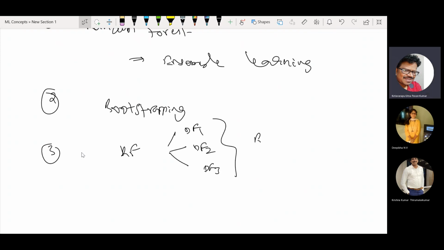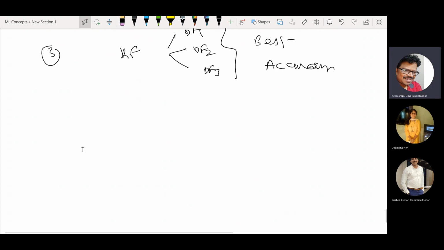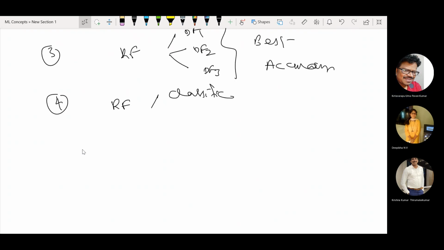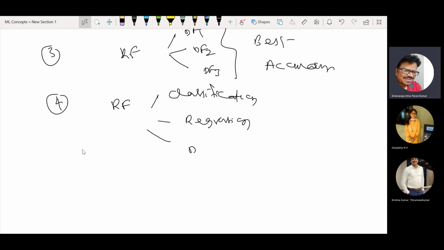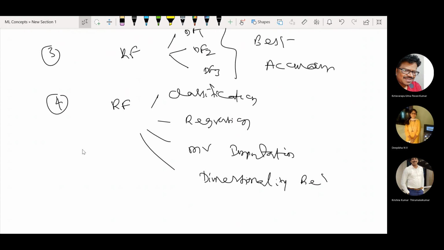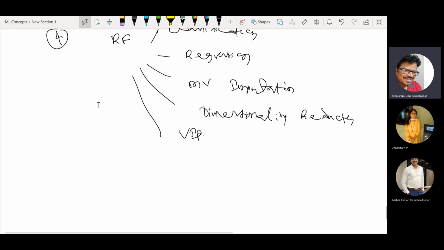So obviously, you will be getting the best accuracy. Again, apart from this, random forest is helpful in classification, regression, missing value imputation, and thereafter dimensional reduction. And variable importance plot. All these kinds of things can be observed.